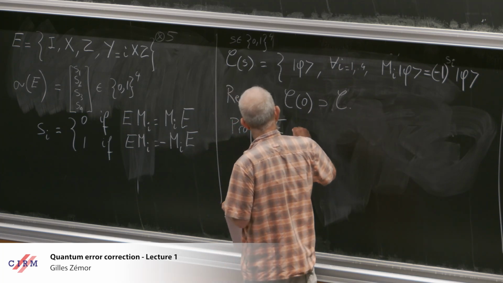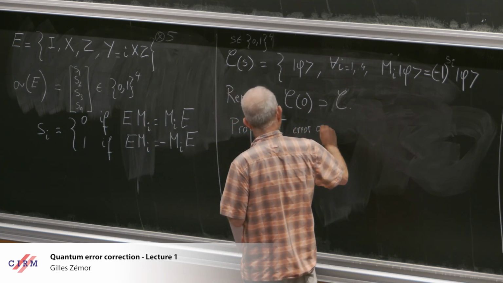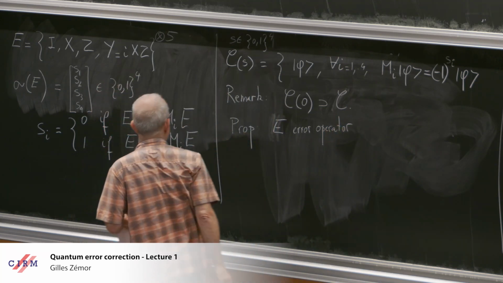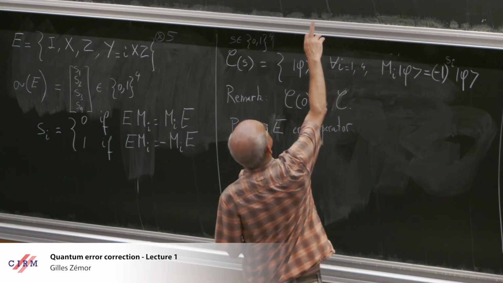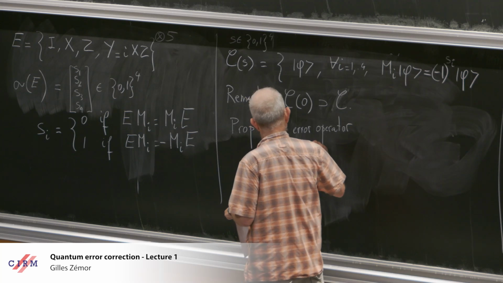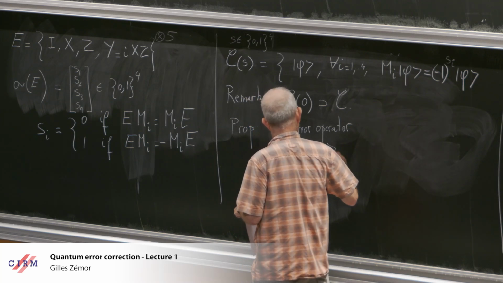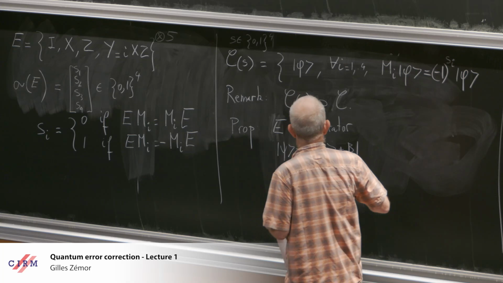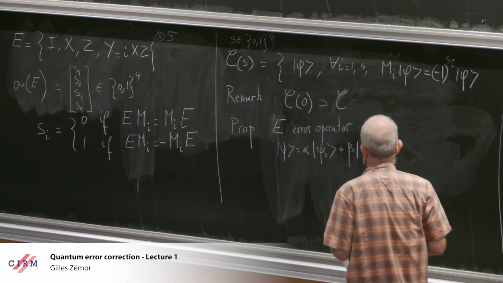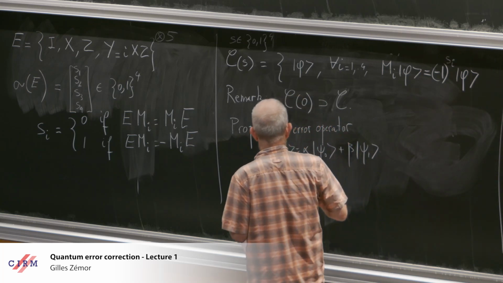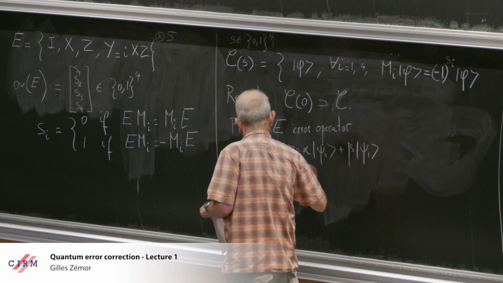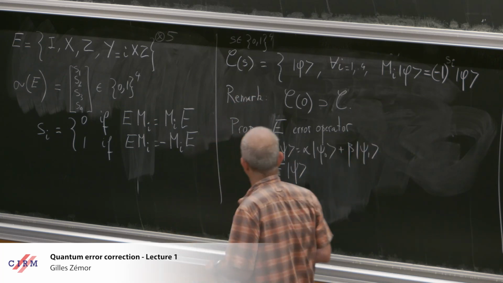For E, an error operator, so one of those, and psi an encoded state, like this, then what happens to E times psi?